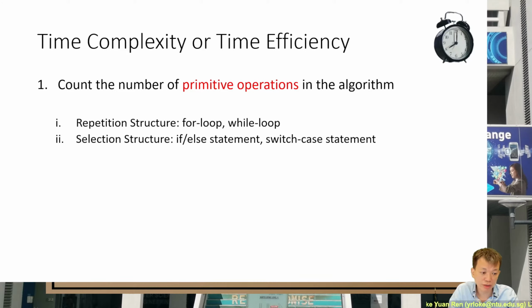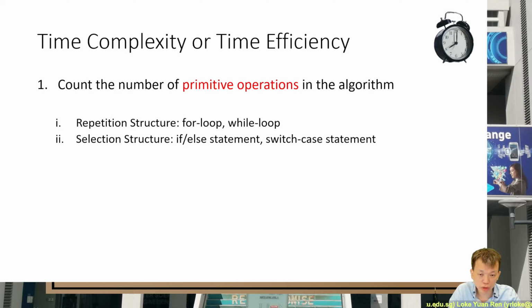The next thing we need to consider when we analyze the time complexity of an algorithm is if you have an if-else statement or switch case. In that situation, not all the primitive operations will be executed. It depends on your input, so you need to consider all the scenarios. In certain cases you may execute the true cases, in certain scenarios you may run the false cases.